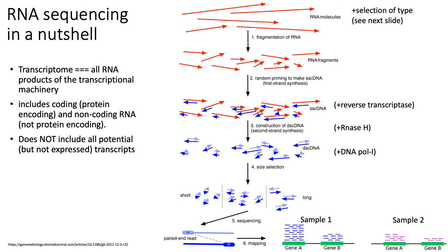Because you're sequencing RNA and only a small fraction of the genome is typically transcribed, most of your reads will fall into a small number of regions across the genome.